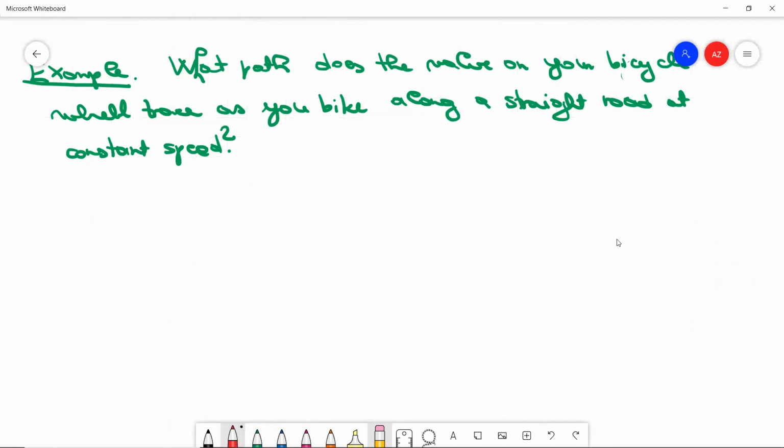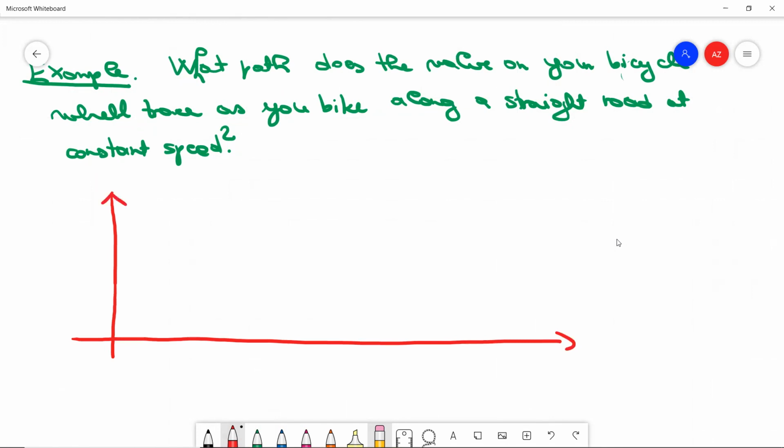Okay, so we will need a coordinate system. So let me draw a coordinate system. This is y, this is x. So we start cycling. We have our bicycle, so our wheel. And let's say that the valve is here at the beginning. And then we move along the x-axis with constant speed. Let's say that the speed is v0.